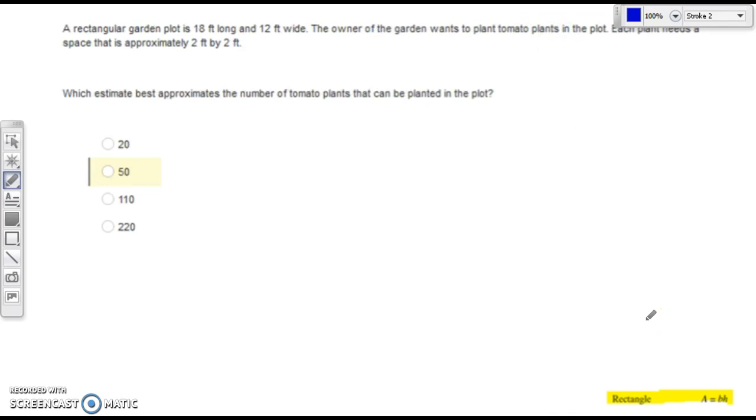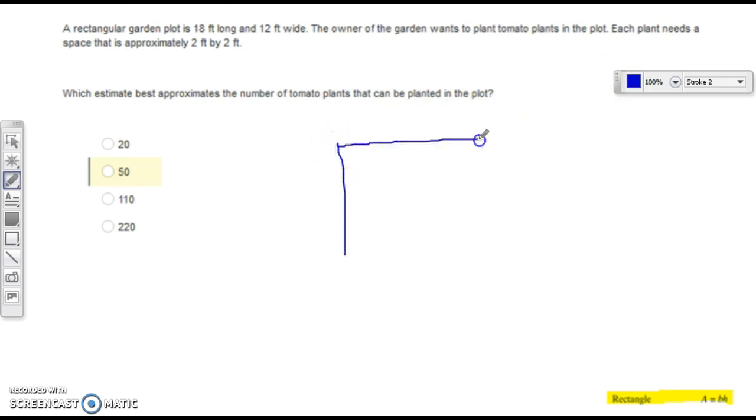A rectangular garden plot is 18 feet long and 12 feet wide. The owner of the garden wants to plant tomato plants in the plot, and each plant needs a space of approximately 2 by 2. Which estimate best approximates the number of tomato plants that can be planted? All right, so we have this plot here that's 18 by 12.